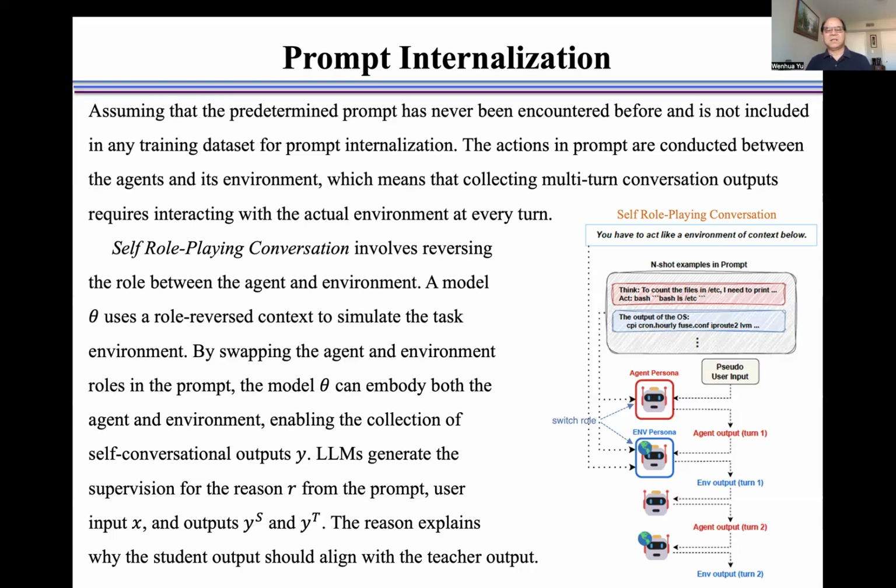By swapping the agent and the environment role in the prompt, the model theta can embody both the agent and the environment, enabling the collection of self-conversational outputs Y. Large language models generate the supervision for the reason R from the prompt, user input X, and outputs YS and YT. The reason explains why the student output showed along with the teacher output.